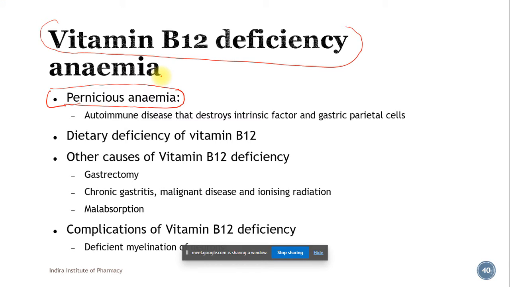Why is it not getting absorbed? It is because of the presence of pernicious anemia. So what is pernicious anemia? It is an autoimmune disease that destroys intrinsic factor and gastric parietal cells. So I will explain what is the relationship of this intrinsic factor with the gastric parietal cell, and what this intrinsic factor has to do with vitamin B12. Okay, so just wait a second.